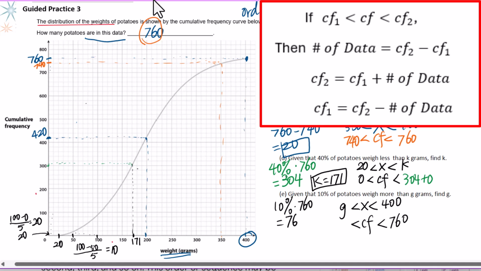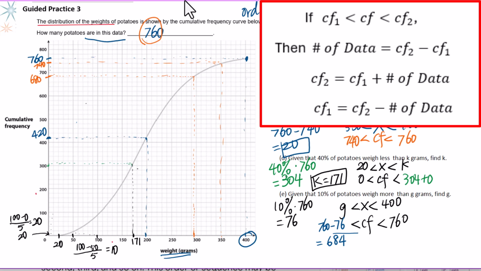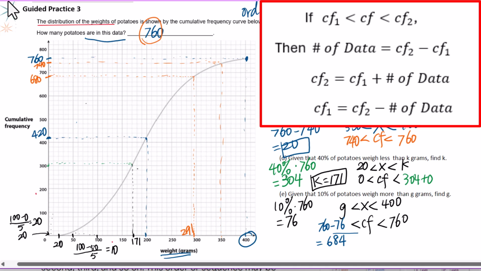We need to figure out this cumulative frequency: 760 minus 76 equals 684. Now let's go to 684. This is 680, very close to this 680. The answer should be between 290 and 300. I will use 291. So g equals 291 grams.